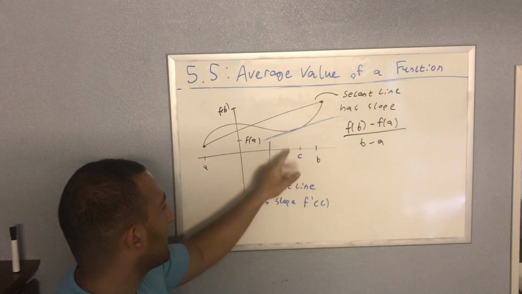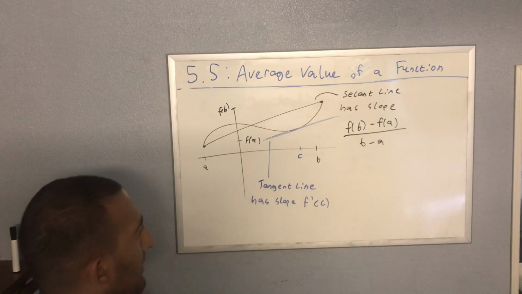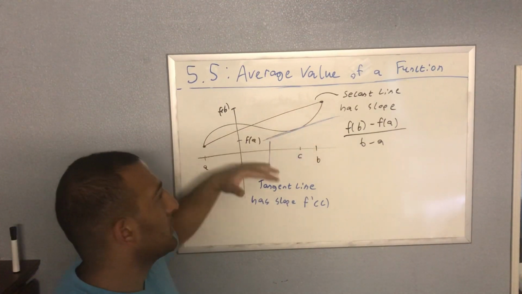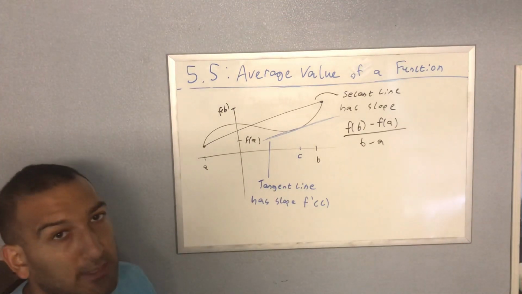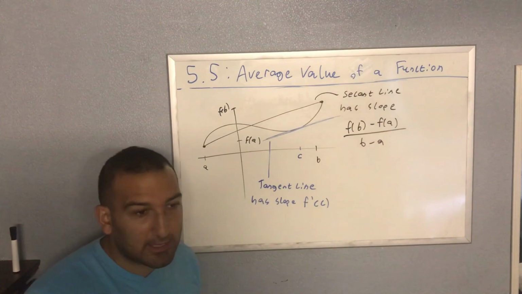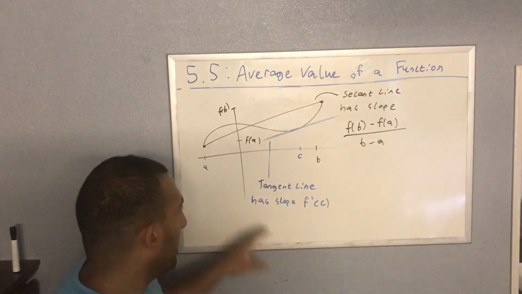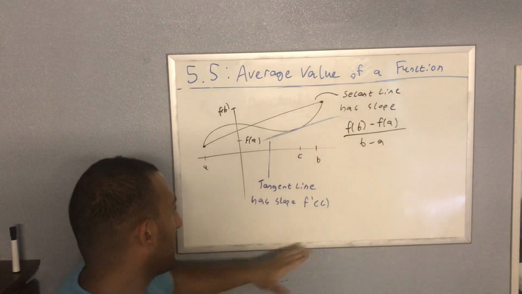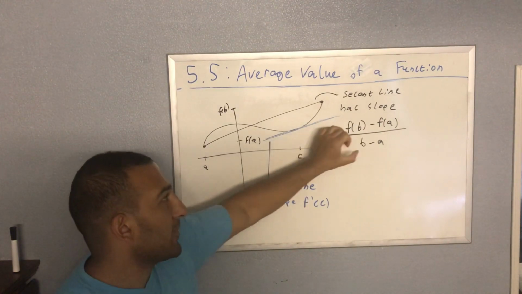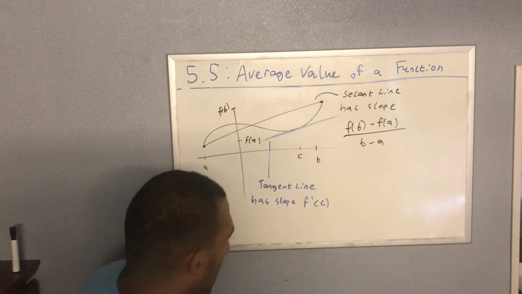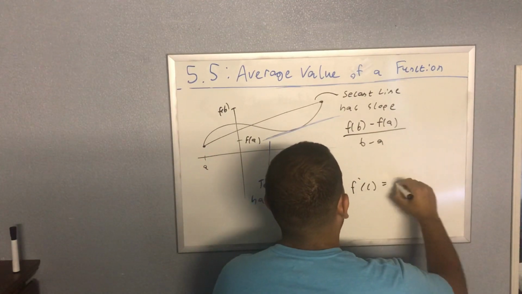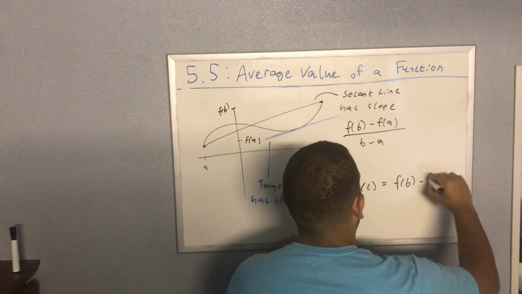So f prime of C is the slope of this tangent line. So notice that these two lines are parallel. When two lines are parallel, it means they have the same slope. So what the mean value theorem for derivatives said is that there's at least one point between A and B where the slope of the tangent line is the same as the slope of the secant line, aka f prime of C equals all of this.